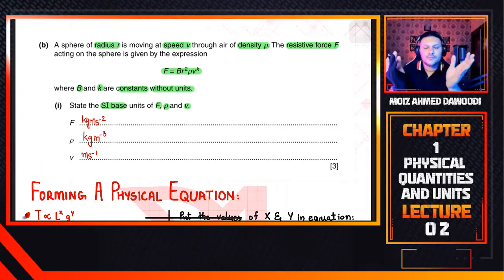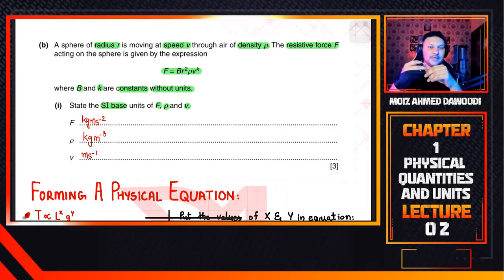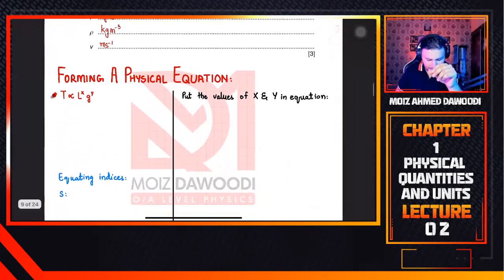If this question is asked in paper 1, it will be asked maybe against 1 mark. But as you can see, three simple different quantities are giving you 1 mark each. So this is a leverage. You get marks easily in paper 2 with this type of question. Okay, now let's move ahead.